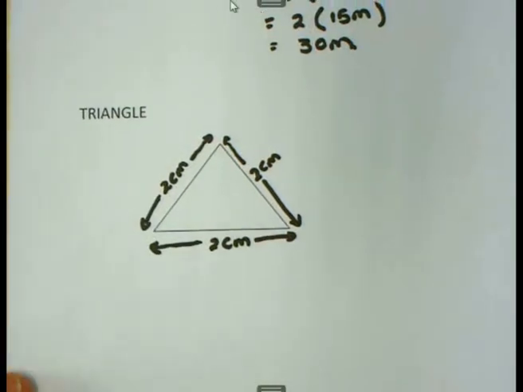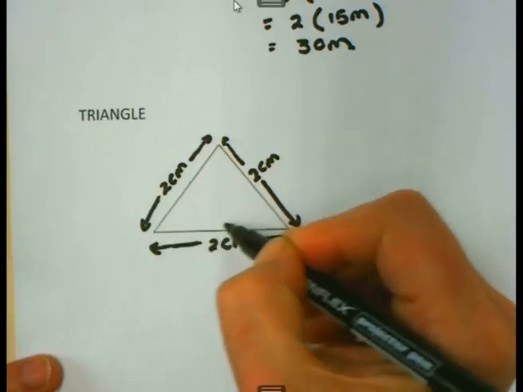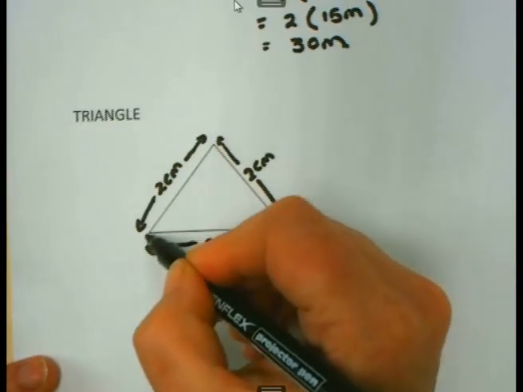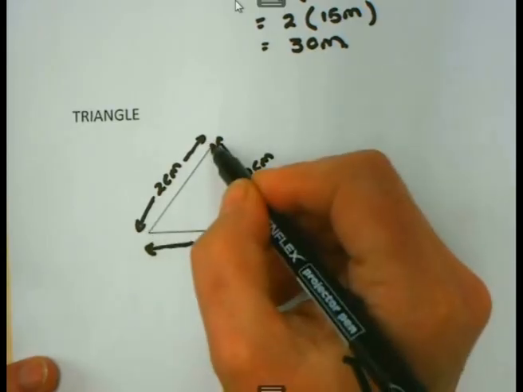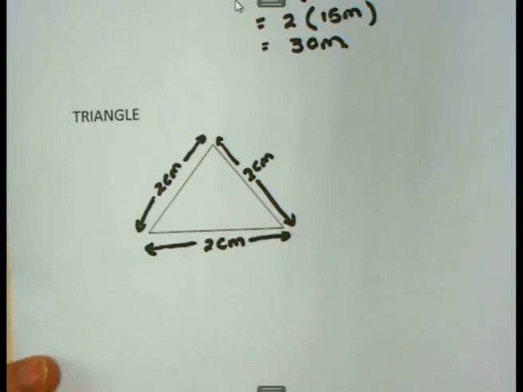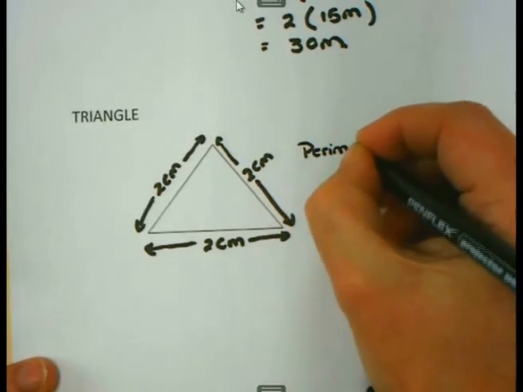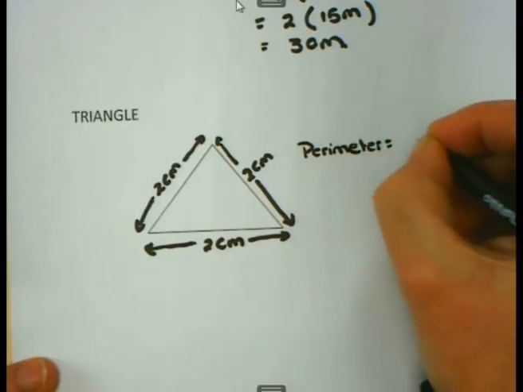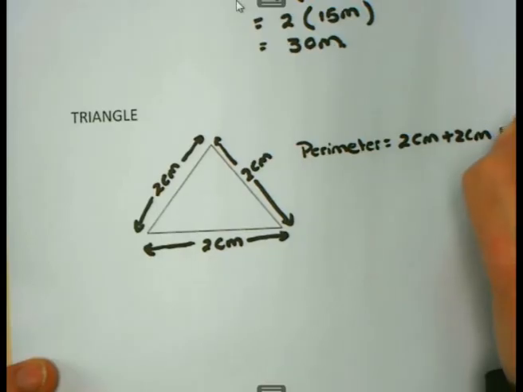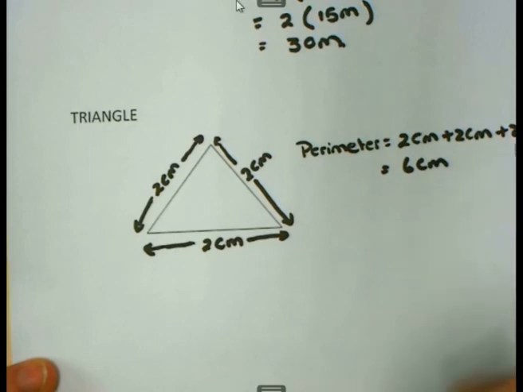When I want to work out the perimeter, again, I'm concerned with this outside border. I need to work out what the length is if I go around the outside border. So, in principle, I will be saying 2 centimeter plus 2 centimeter plus 2 centimeter and get 6 centimeter.